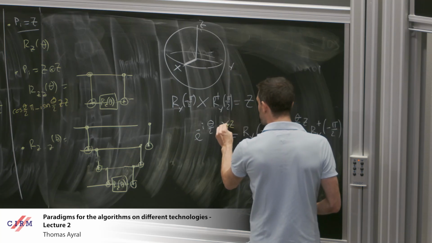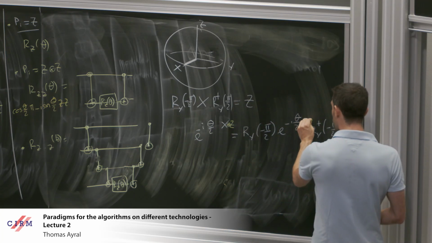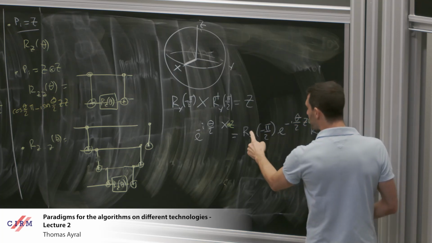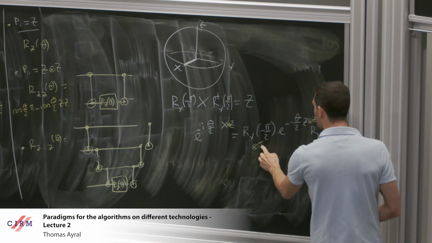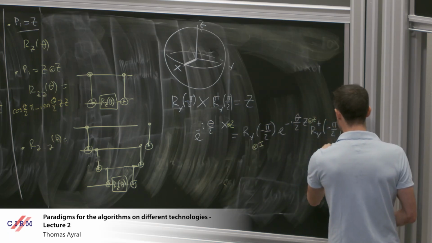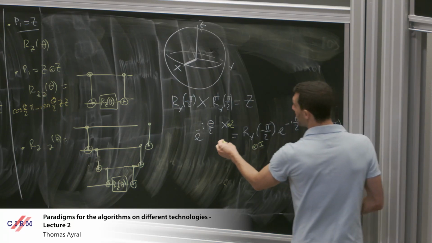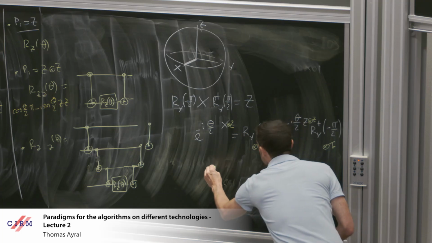So this is 2 qubits. Of course I need to say that I have R_y on the first qubit and identity on the next. So in other words, to implement a rotation XZ, what I need is a circuit that looks like that.